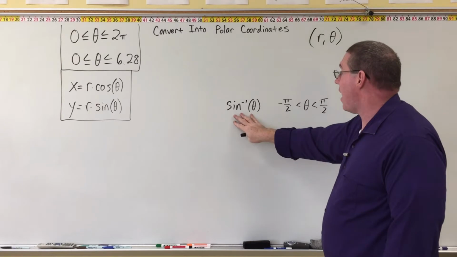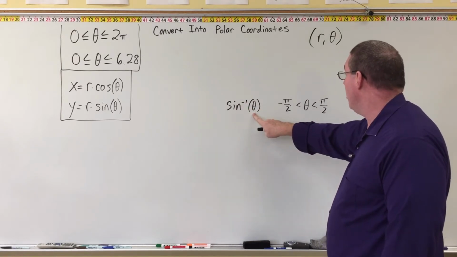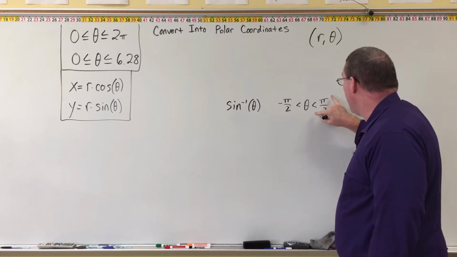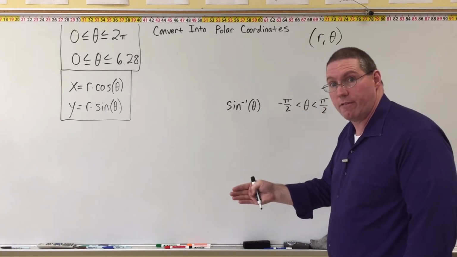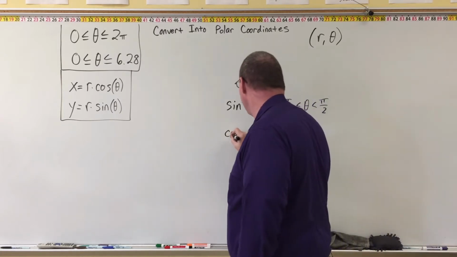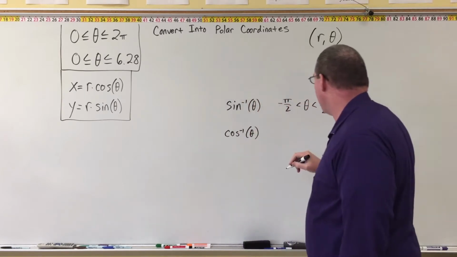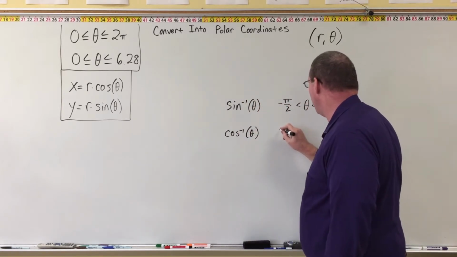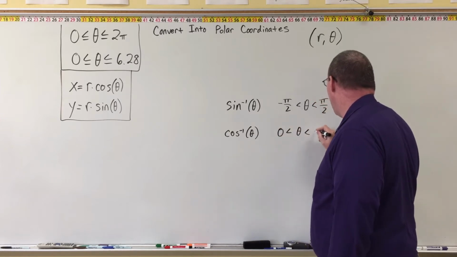So sine inverse is actually only going to give you a correct theta angle if the point is in the first quadrant, if it's a positive x and y. Cosine, similarly, will give you a correct theta angle between 0 and pi.